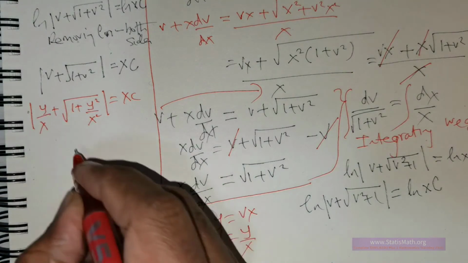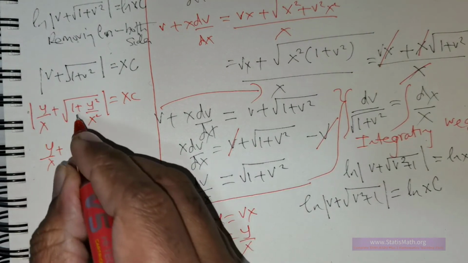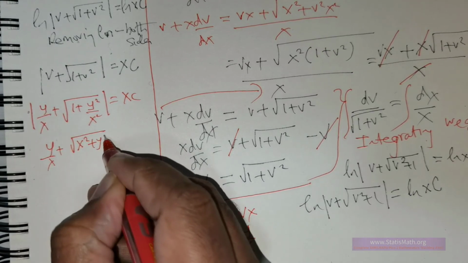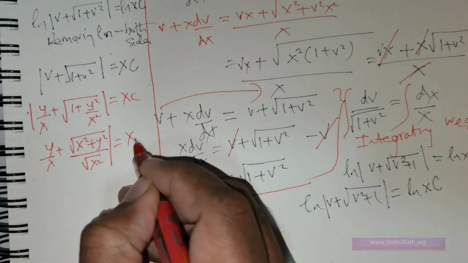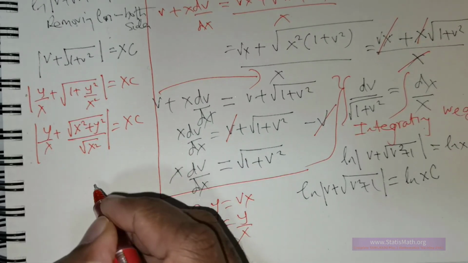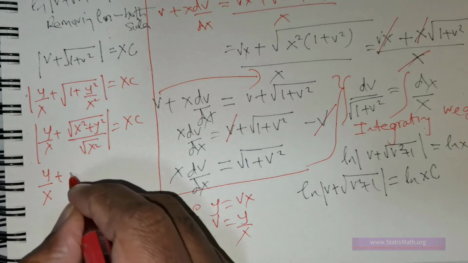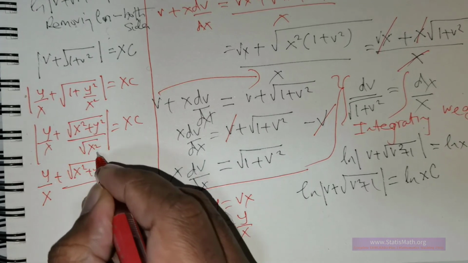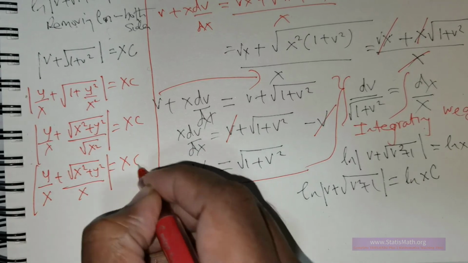Now I can rewrite this, taking the LCM, as y/x + √(x² + y²)/√(x²) = xc. This is rewritten as y/x + √(x² + y²)/x, since the square root of x² gives you x, and you can place the modulus sign, equal to xc.